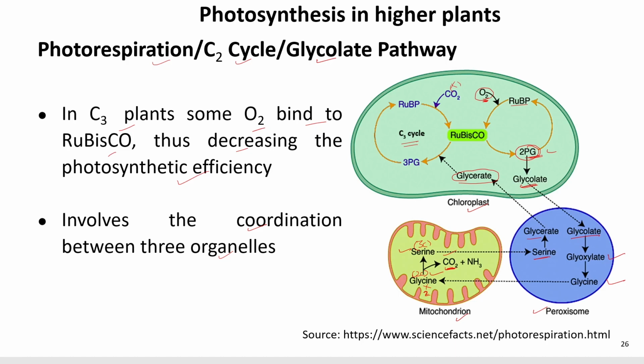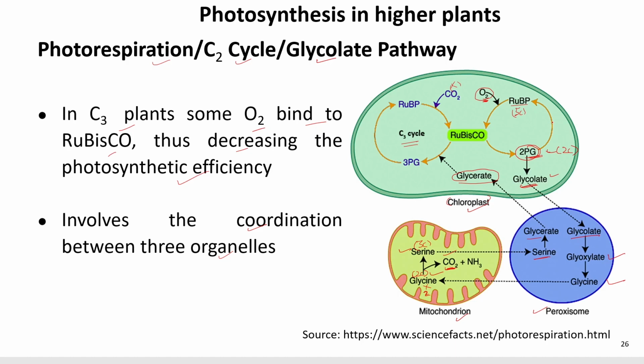You can see there are three organelles involved, and the initial product is a 2-carbon compound. So this phosphoglycolate is a 2-carbon compound. Another thing I would like to mention here is that RuBP is a 5-carbon compound.